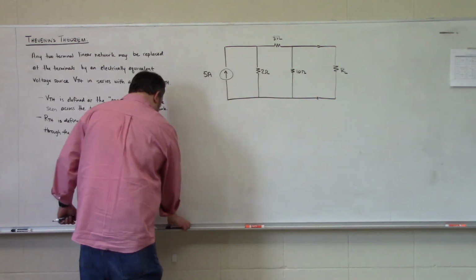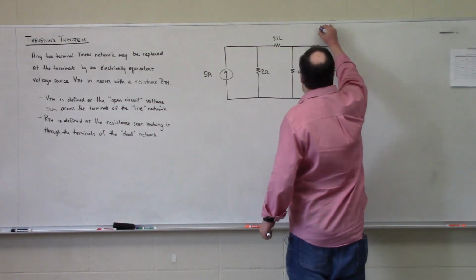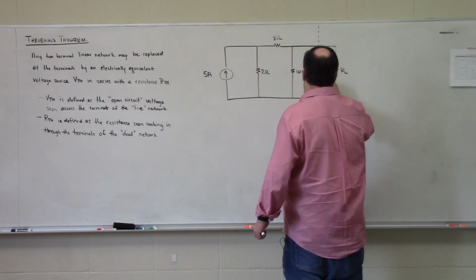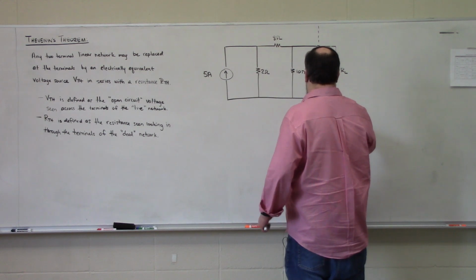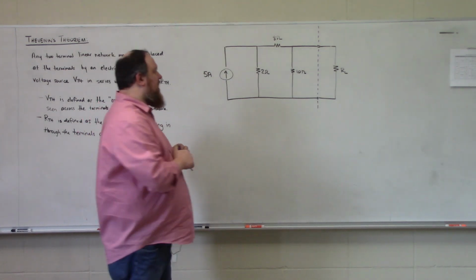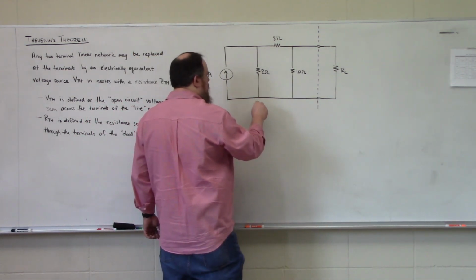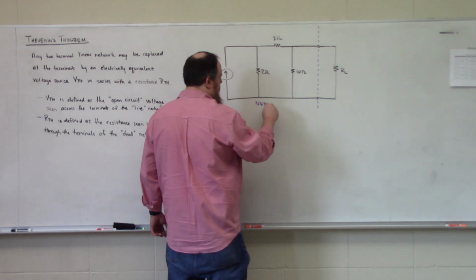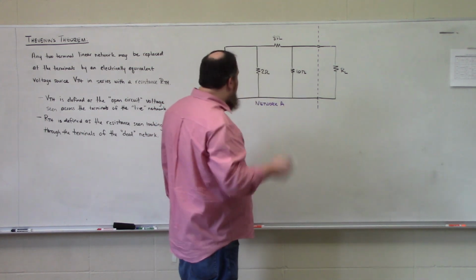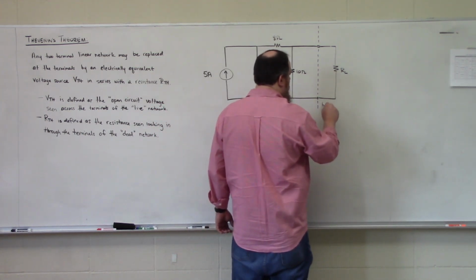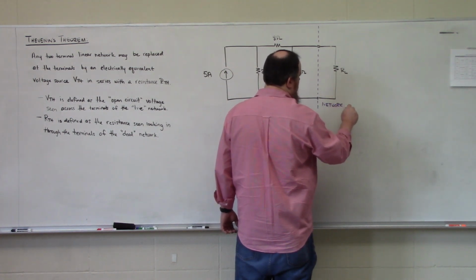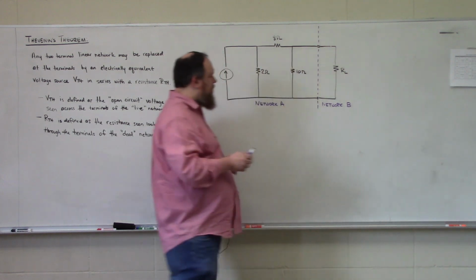So what this means is I'm going to split this circuit up into two parts. On the left-hand side of my purple dashed line, I'm going to call this network A. And on the right-hand side of my dashed line will be network B. Okay?